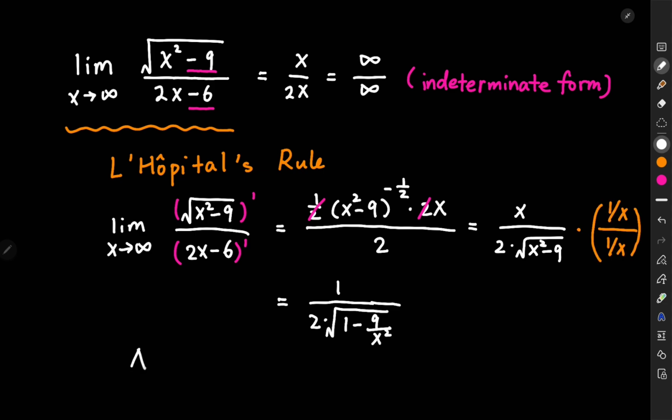And now we know as x goes to infinity, 9 over x squared goes to 0. Therefore, our function becomes 1 over 2, and what's inside the square root becomes 1. And this is the same answer as we calculated previously.